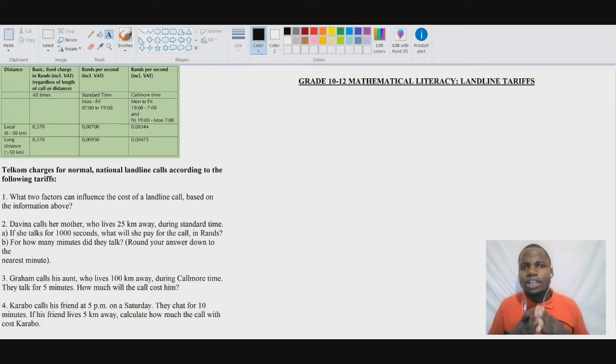So you see the variation or the differences in the tariffs is due to the distance. The price or cost of any cell phone call is influenced by the distance of the person you're calling. If you're calling internationally, you'll have that unique pricing for international calls, and if you're calling locally, you'll have the local pricing for local calls.